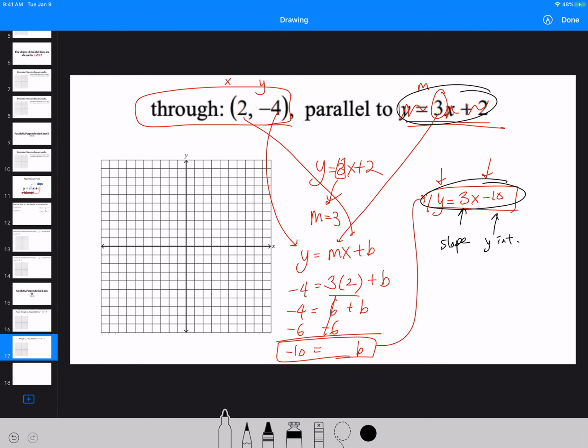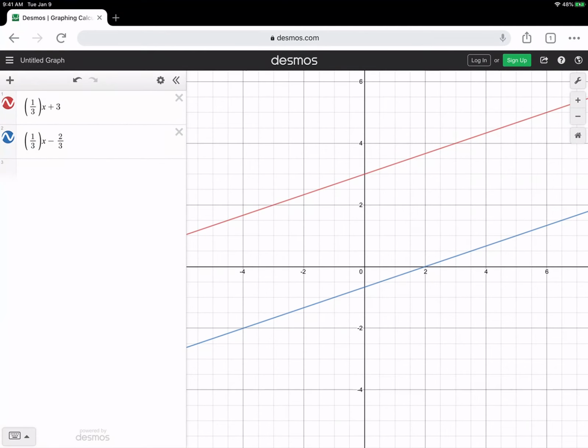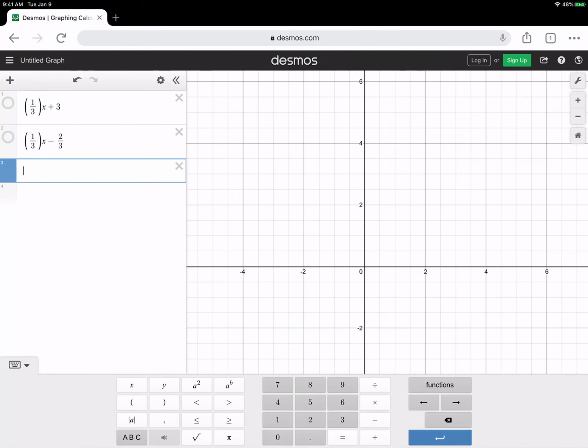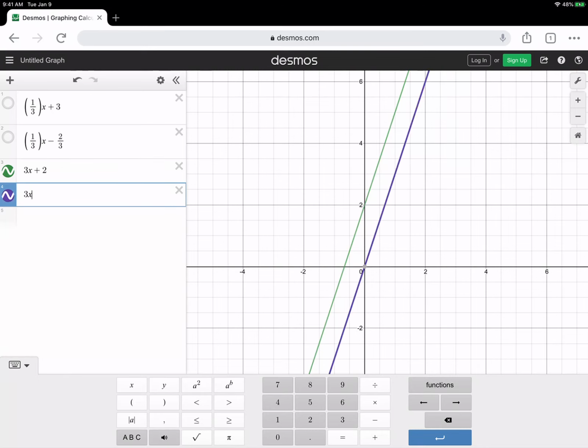So 3x + 2 and 3x - 10 on your Desmos. And turn these two things off. So 3x + 2. And then 3x - 10. There we go.